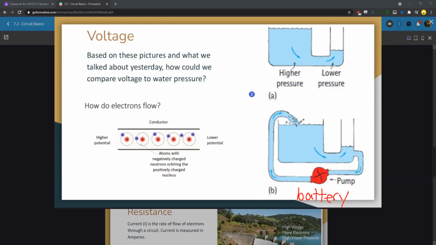Your answer to number 1 was essentially your answer to number 2. Question 1 was asking what you would compare flowing water to, and the only thing you needed to write was current electricity, since flowing water is basically flowing electrons in a circuit.